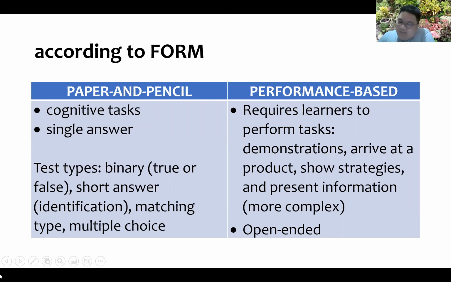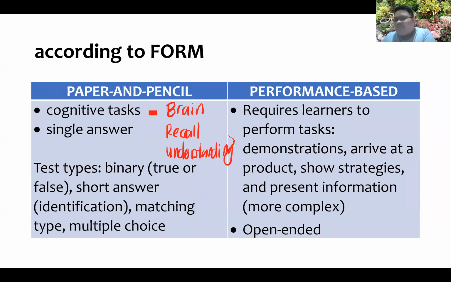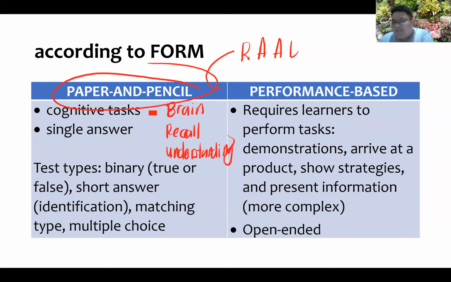In other words, it tells us whether your brain, especially class the part that talks about recall, understanding, okay, going back to your Bloom's taxonomy, the 6 levels there, the paper and pencil test class will be able to evaluate, okay? Your paper and pencil test will be able to evaluate whether you can recall this task, okay? Whether you can remember the task, you can apply it, analyze it, evaluate it, and create it. That's paper and pencil test.